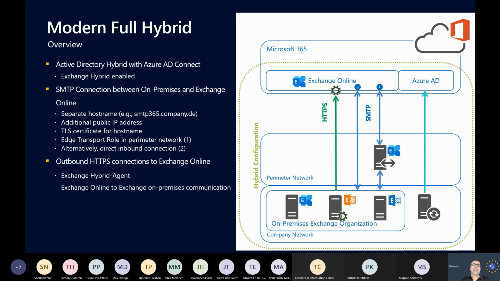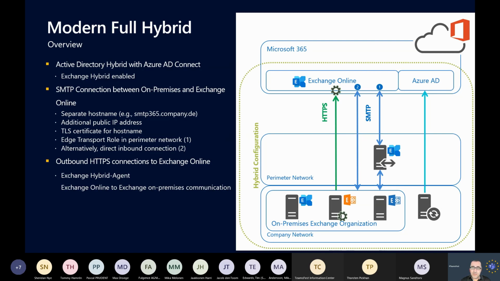Modern hybrid installs something called the Exchange Hybrid Agent. That's a little Windows service that is installed on the server you run the hybrid configuration wizard on. And this service establishes an outbound connection to the Azure Service Bus.